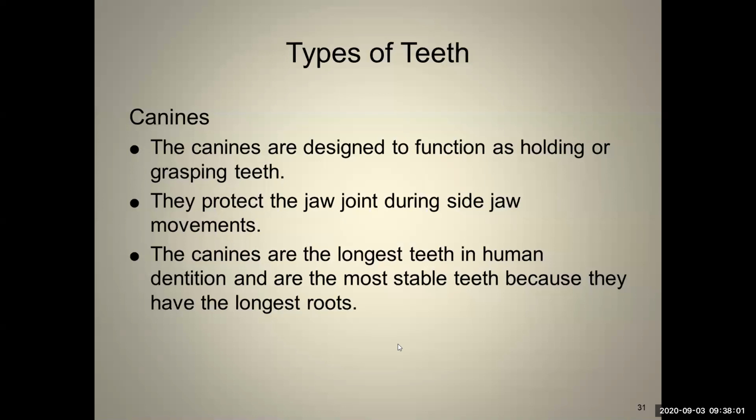Before implants, we would do anything to try and save a patient's canines because those were the anchor teeth. The dentist could fabricate partials, removable appliances, or fixed appliances to canines because they are the cornerstone of the mouth, okay? They hold, they grasp, they are the longest teeth.